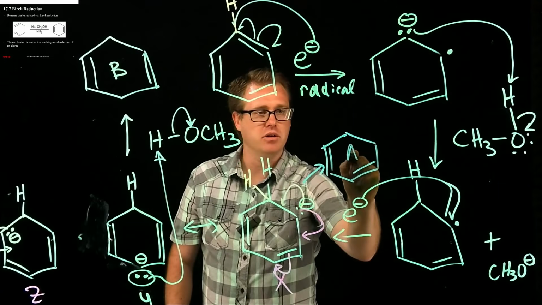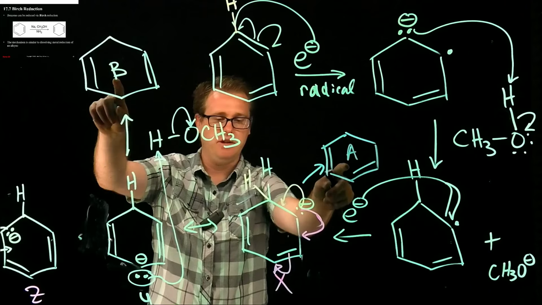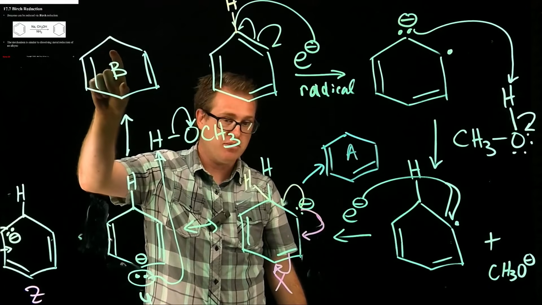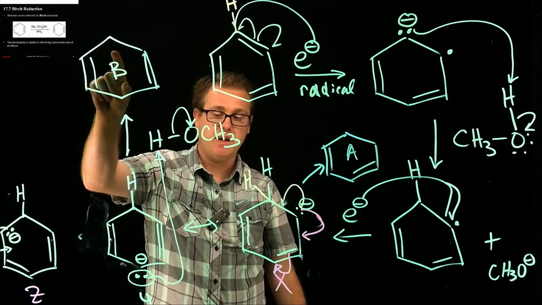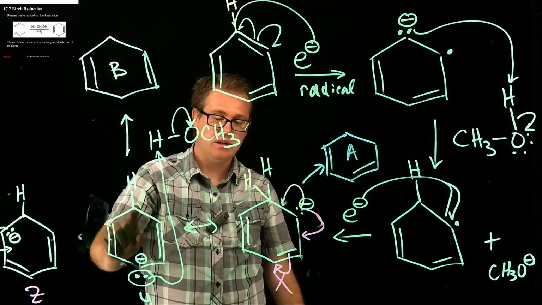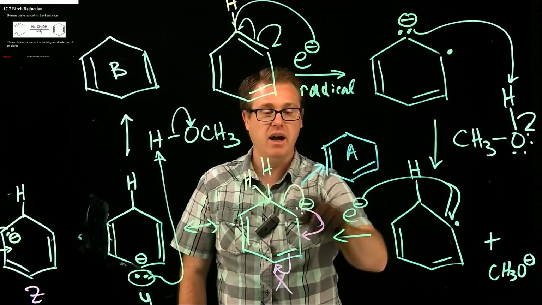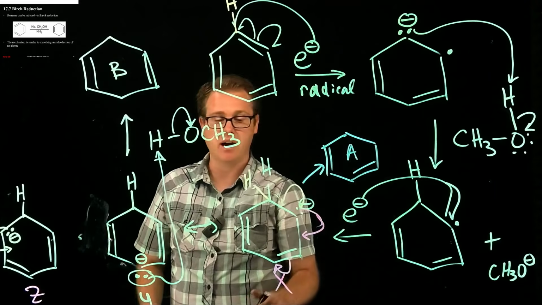So that's molecule A, that's molecule B. Now compare the two. Why is this the Birch reduction product? It all comes back to the fact that it comes from the more stable resonance structure. This product is not formed because this resonance structure right here is not very stable.